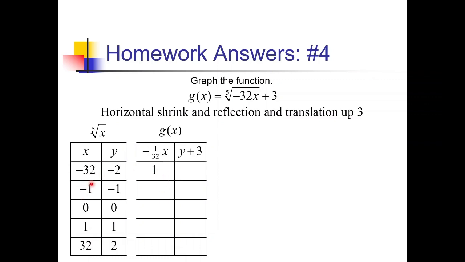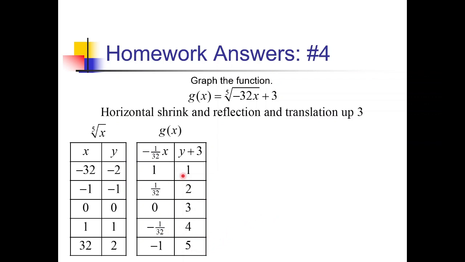This negative 1 is becoming a positive 1 over 32. 0 is still 0, very nice. This 1 becomes a negative 1 over 32, and 32 times negative 1 over 32 is negative 1. Now adding 3 to my y values, negative 2 plus 3 is 1, negative 1 becomes 2, 0 becomes 3, 1 becomes 4, and 2 plus 3 is 5.